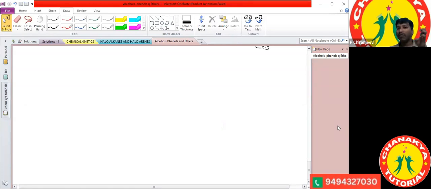So common names are written with alcohol as a suffix. While writing the IUPAC name, based on the root word, we follow a set of rules.